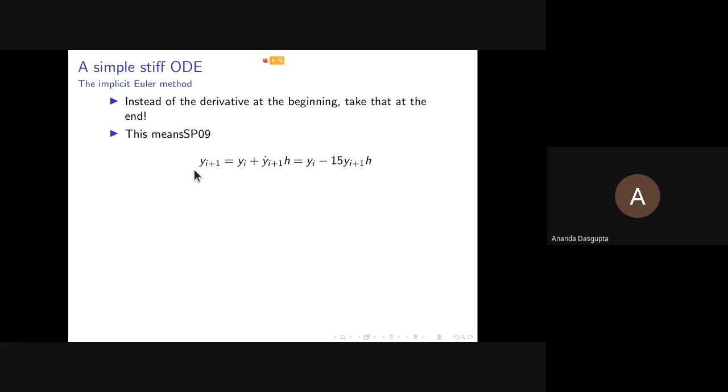In this case, the equation is very simple to solve. In other differential equations, this equation may not be very easy to solve. I've deliberately chosen a very simple differential equation where I can show you the result explicitly. And once you solve this, this is called an implicit expression for yi plus 1.